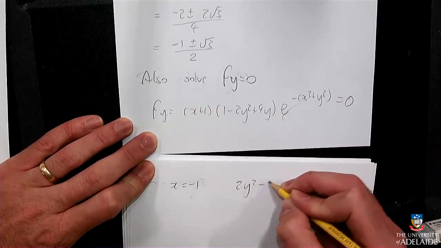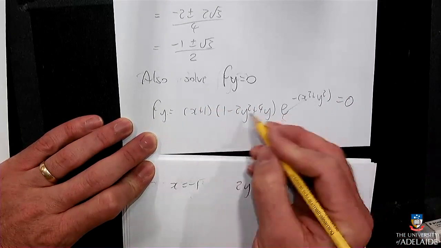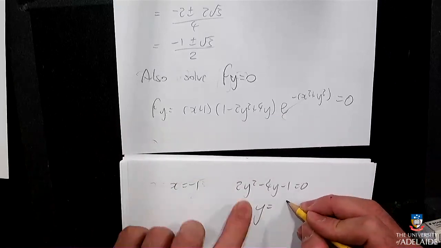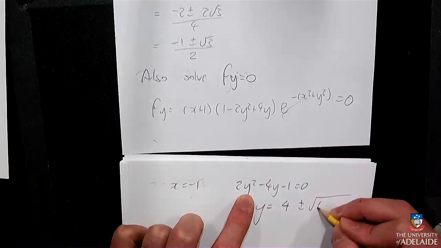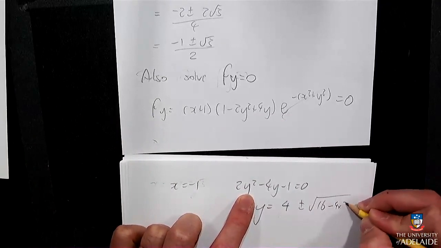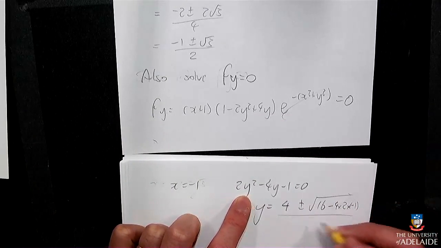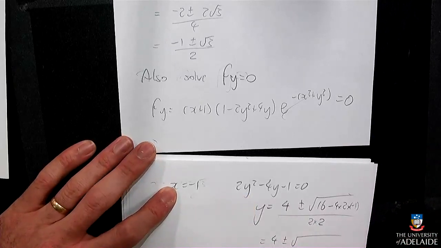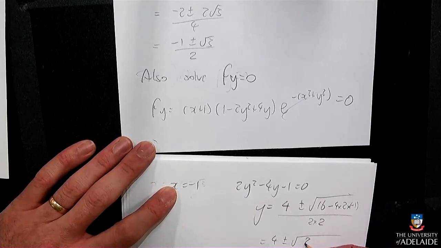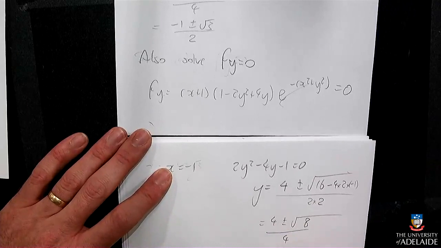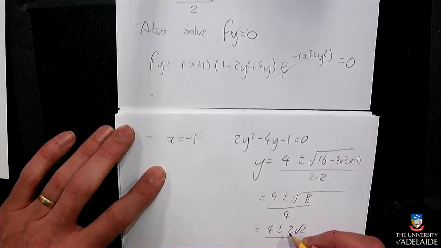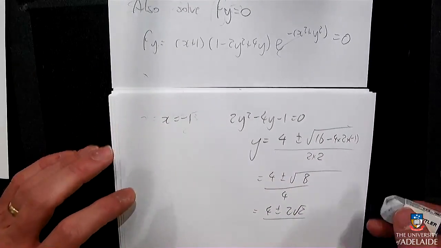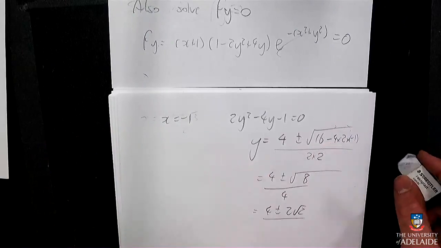And 2y squared minus 4y minus 1 equals 0 from here, which means y equals minus b plus or minus the square root of b squared minus 4 times a times c, over 2a. 16 minus... Oh, yeah, plus.